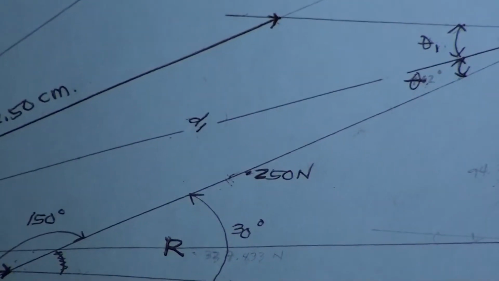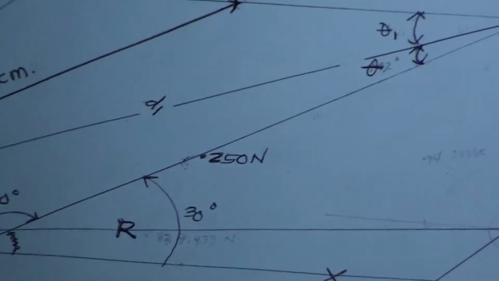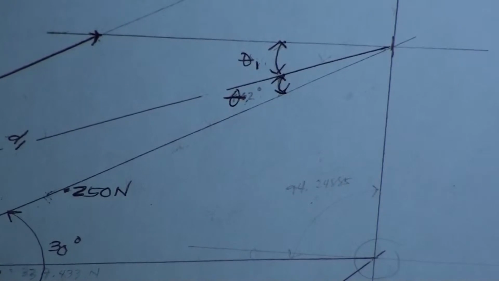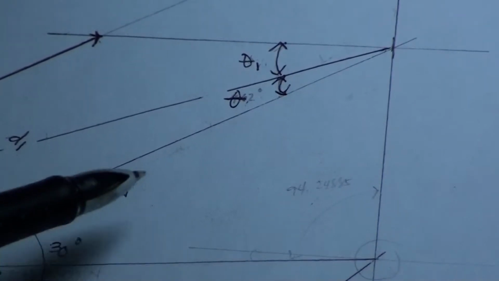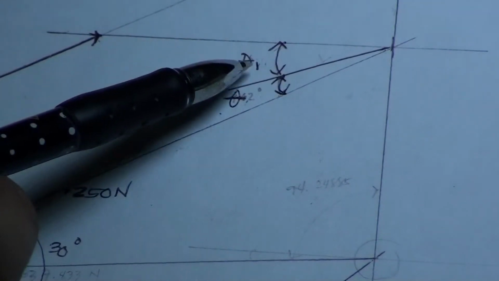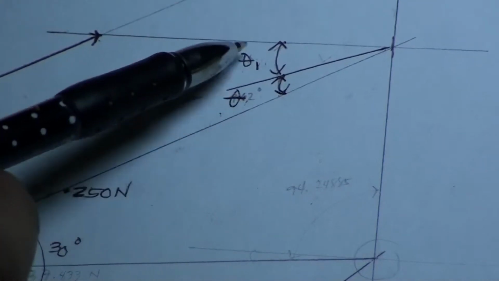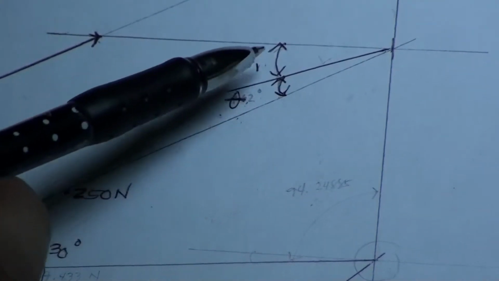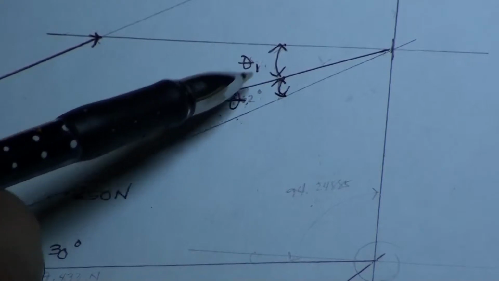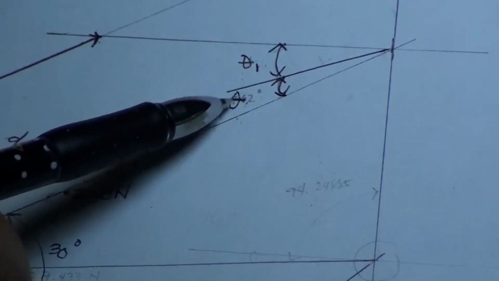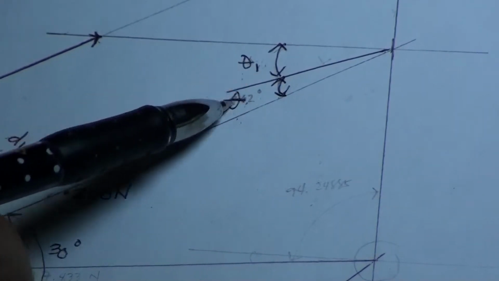I hope it is clear. This is only theta, and this is with a subscript, so that is different. This is theta, this is theta sub 1, which are not of the same value.